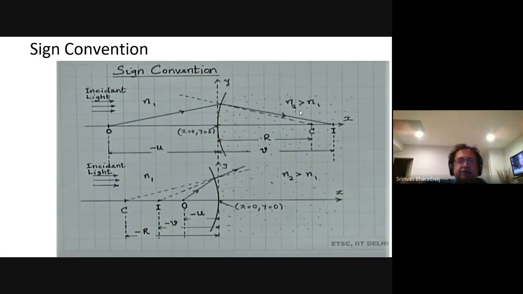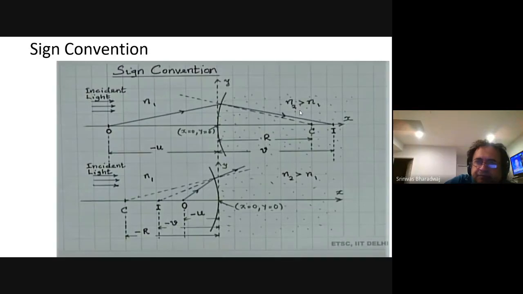Think of a curved surface as a series of straight lines, each tangential. So you draw a tangent, draw a tangent, draw a tangent. It's the same thing, because at that point the tangent represents the surface, and light is such a small thing, so just think of it as a lot of tangents.